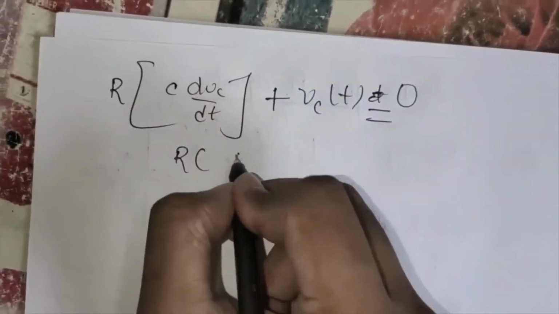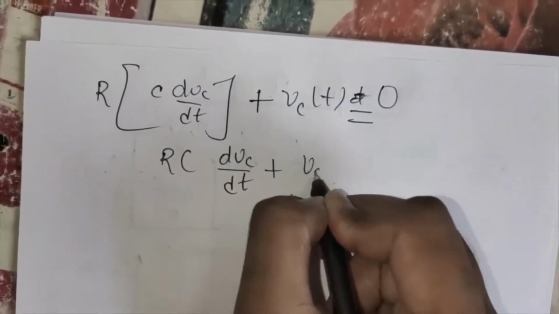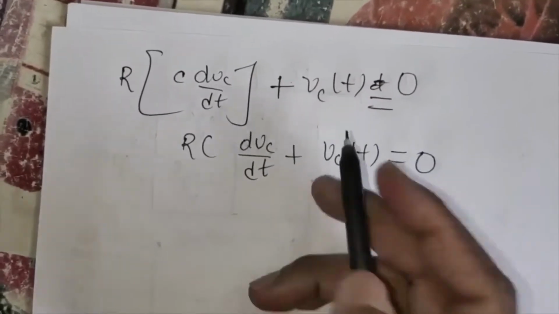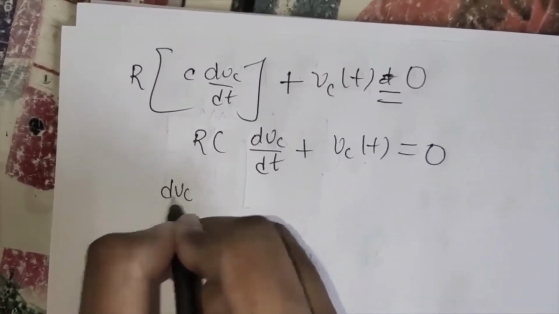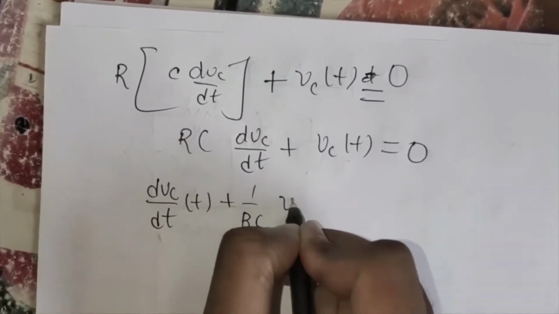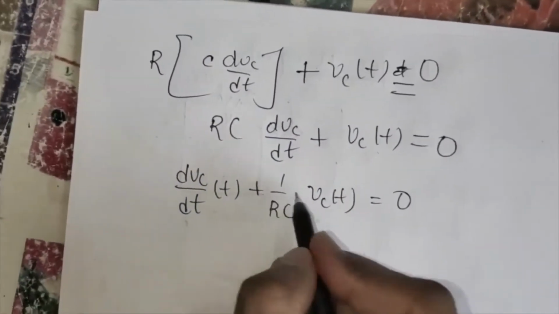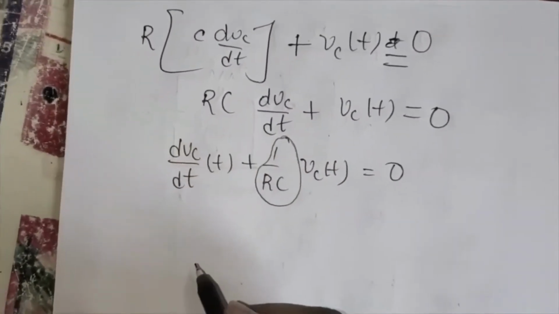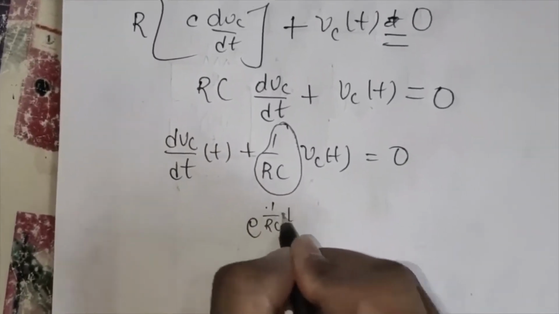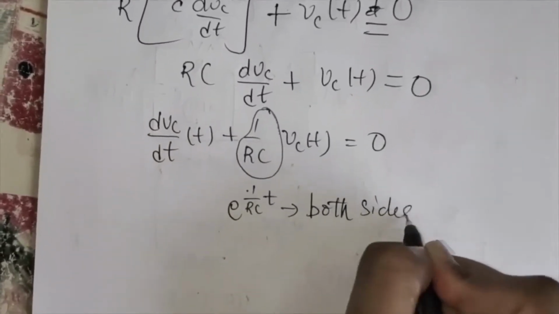If I divide by RC throughout, I'll get dVc by dt plus 1 by RC into Vc of t is equal to 0. Since the coefficient of Vc of t is 1 by RC, I'll multiply e power t by RC on both sides.